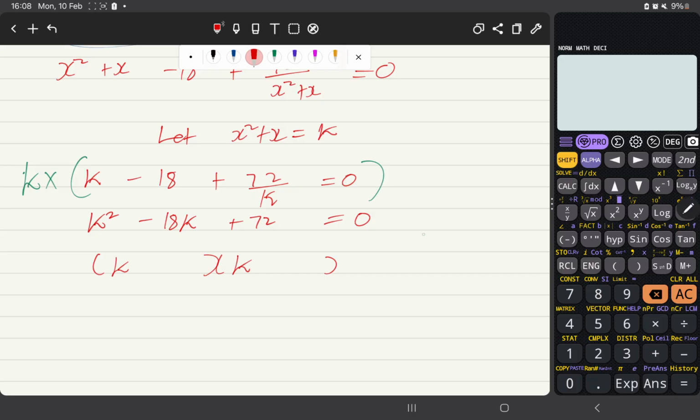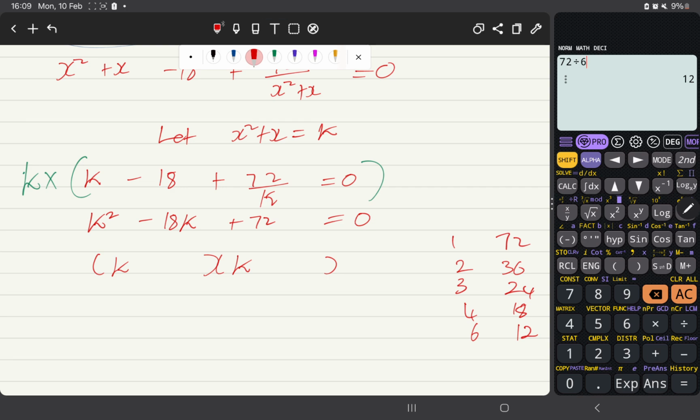Right, so 72, I have 1 and 72, I have 2 and 36. 72 divided by 3 is 24, and we still haven't got a pair that gives us minus 18, so let me say divide by 4, I get 18, and this pair doesn't give us 18 as well, so 5 doesn't go in, say 6, 6 and 12.